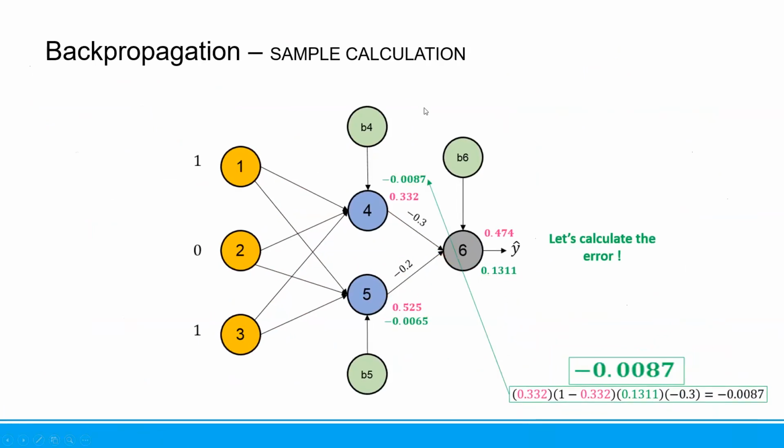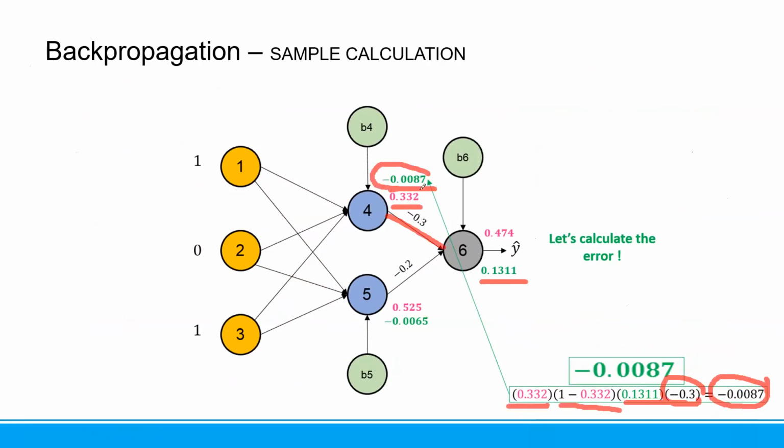And then again, we do the same for this error. We calculate the output, which is 0.332, 1 minus 0.332, and then we multiply with the error rate in unit 6 multiplied by minus 0.3, which is the weight from 4 to 6. So this is the number.